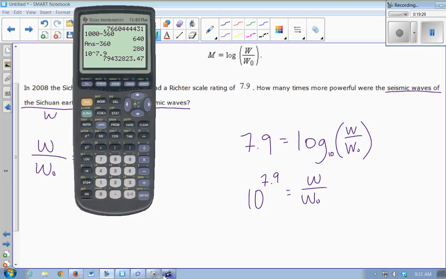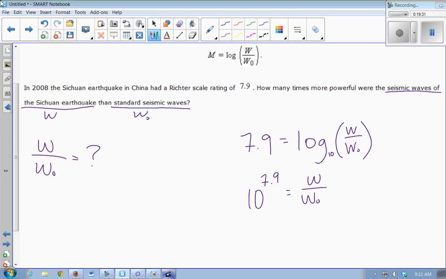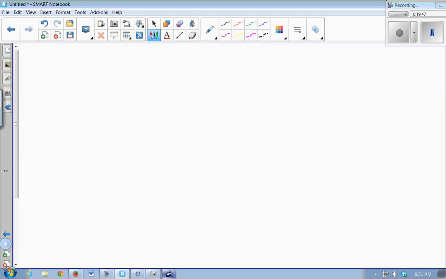All right, what if I took this question a step further and said, okay, there was another earthquake somewhere else in the world that had a Richter scale rating of 6. How much stronger are the seismic waves of a 7.9 compared to the seismic waves of a 6? So 7.9 compared to 6.